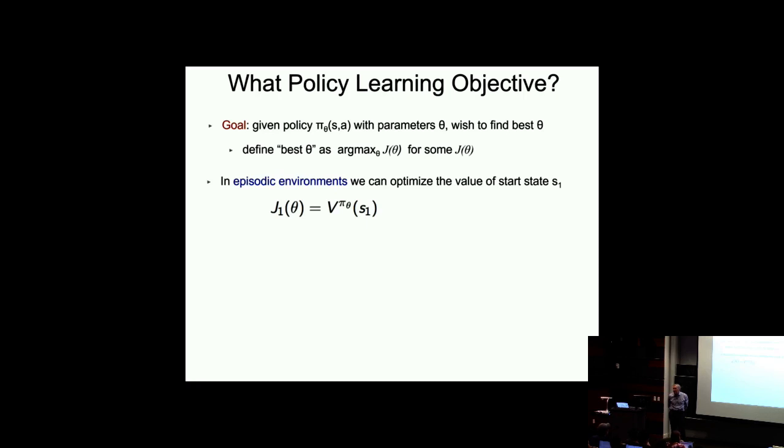We want to maximize the expected discounted future reward, and that's what V of S is telling us. The value of V for pi theta in that state is simply the expected discounted future reward under the policy pi theta. And so we want to pick a theta that maximizes this quantity.